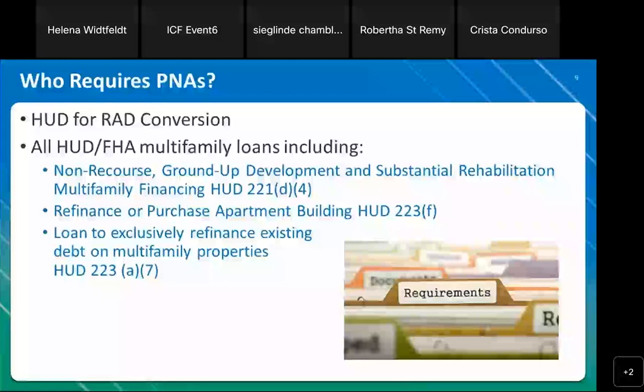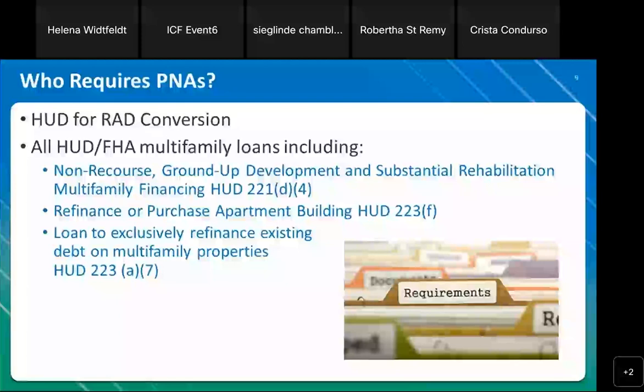And of course, when you do a complete refinancing of existing debt, there is another option available, the HUD 223(a)(7). I say this because for those that have been in this industry for a while, you remember when we went from public housing to HOPE VI and we had tax credits and we needed loans.